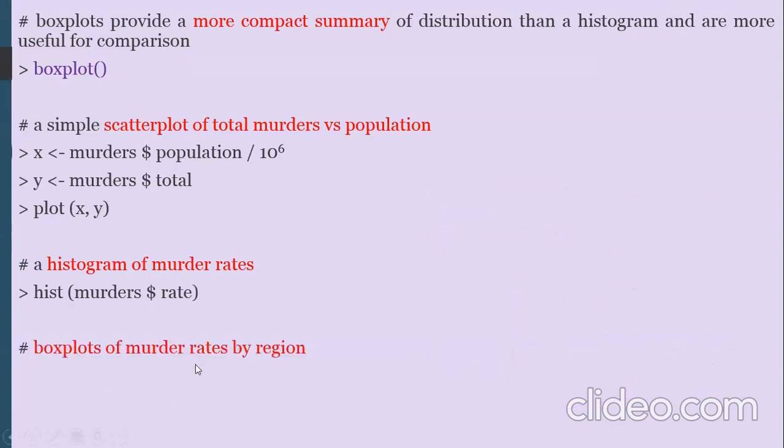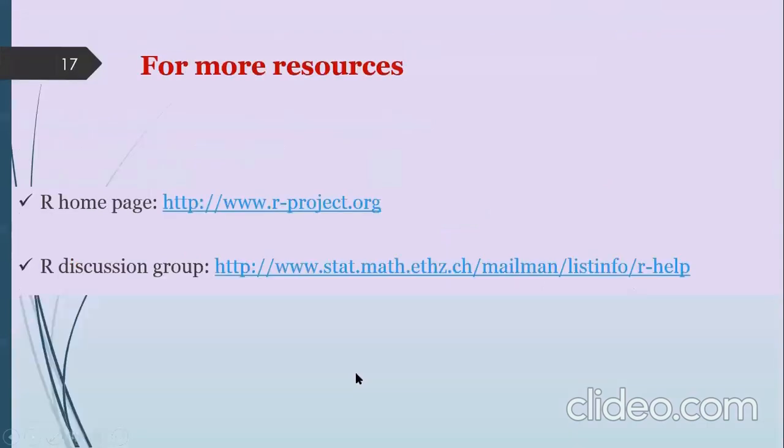After that, box plots of murder rates by region. Just write boxplot of rate by region, with data equal to murders. So it is how this command can be given. Do that and you will get the results.